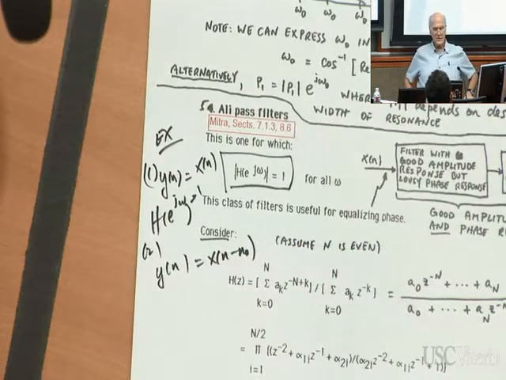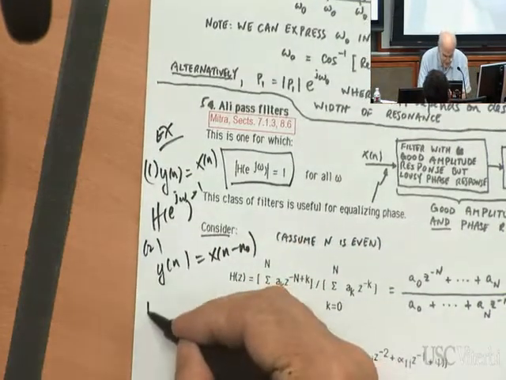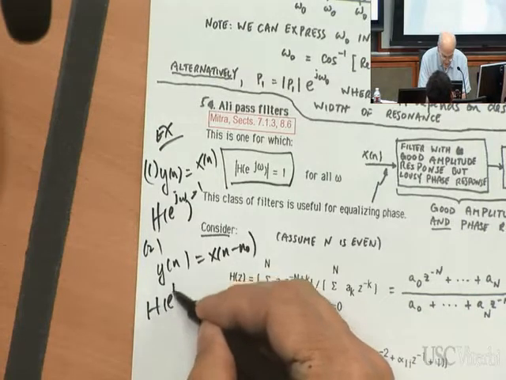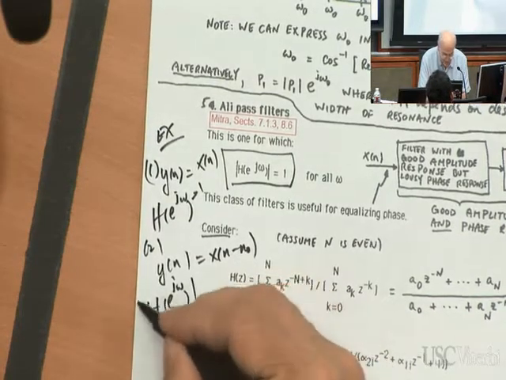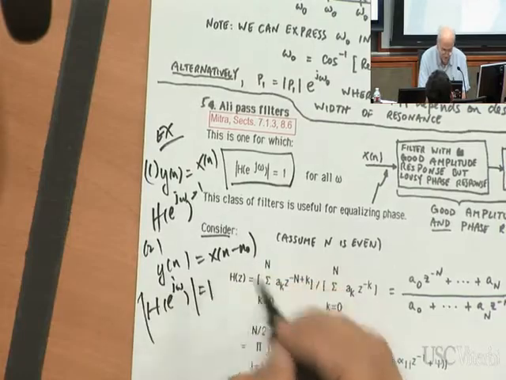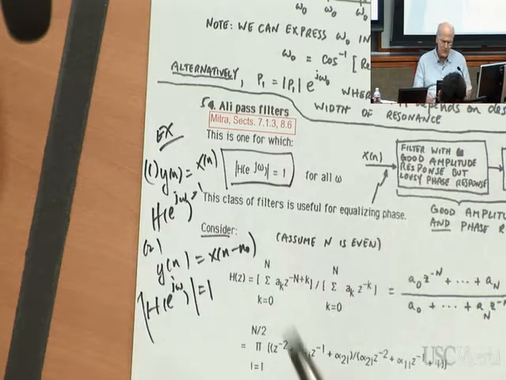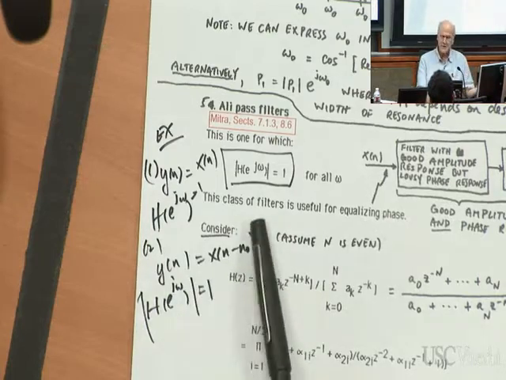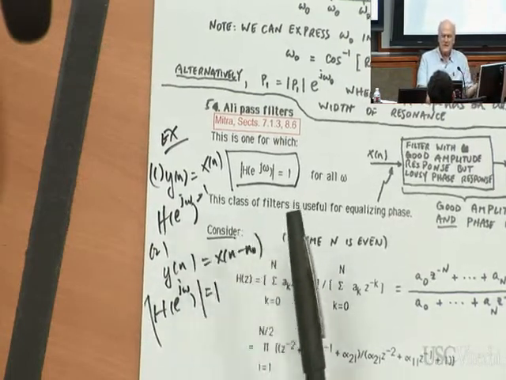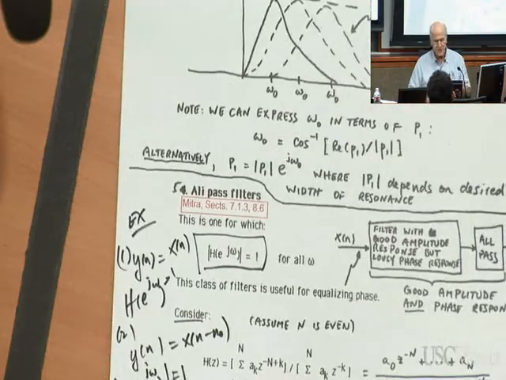So you may think, all these all-pass filters do is either just copy the signal or delay it, and that's it. So what's the interest in these? Well, that's only a small part of the story.